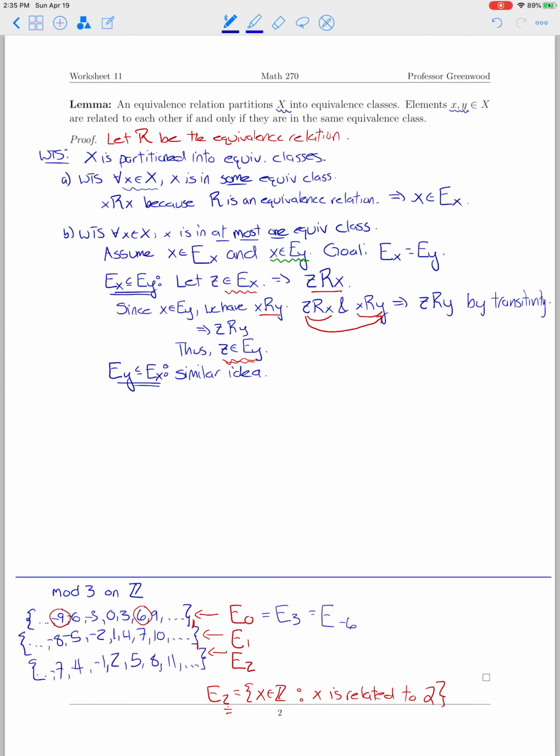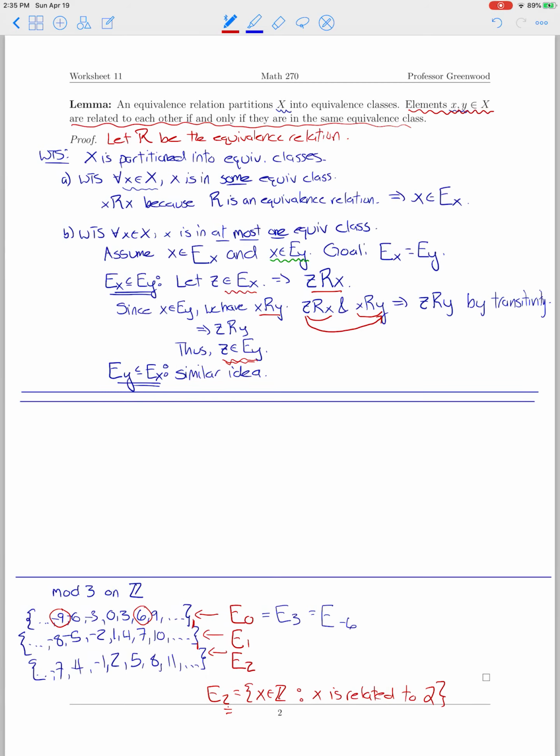All right, and so now we're ready to prove the second part of this statement. And so that means that we need to show, let me highlight it here, that the elements x, y in my set are related to each other if and only if they are in the same equivalence class. And so this will also be a two-part proof. And so first, what we'll do is assume that x and y are in the same equivalence class, which I'll call E sub z.